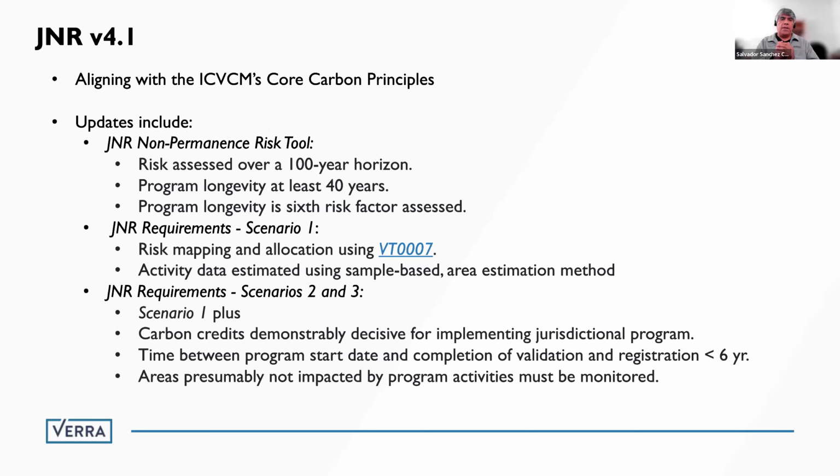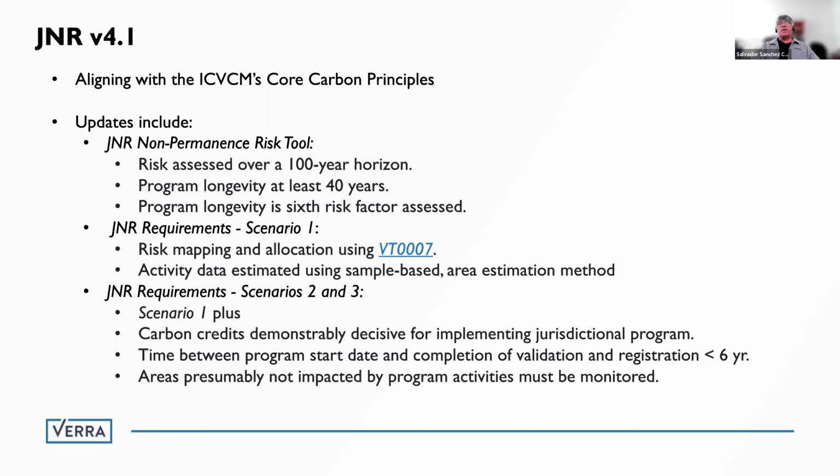The other set of updates is that a few days ago we made a number of changes to the main documents of the jurisdictional and nested REDD framework, which we are now putting together into what is version 4.1. In essence, most of these changes come from the purpose of aligning the JNR framework closely with the core carbon principles of the ICVCM.